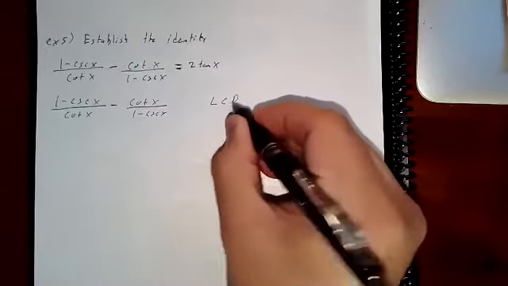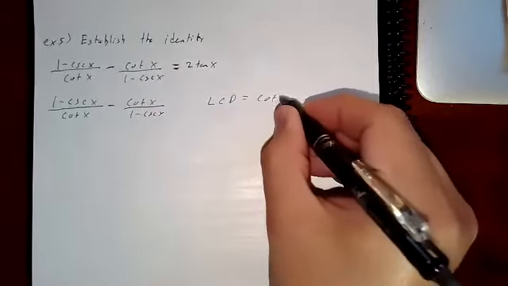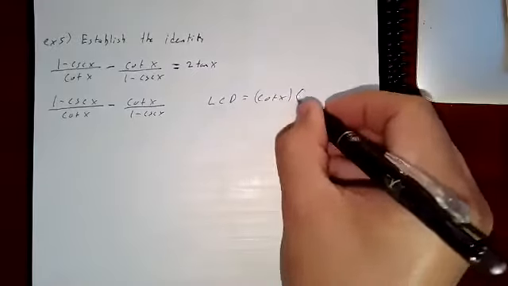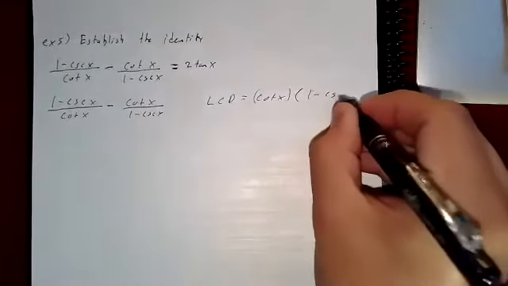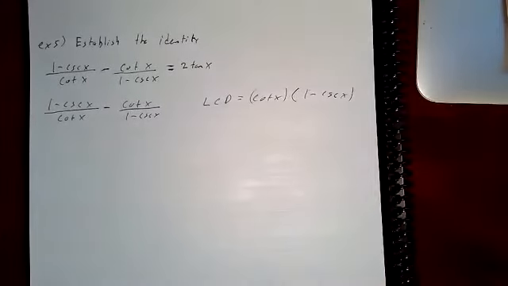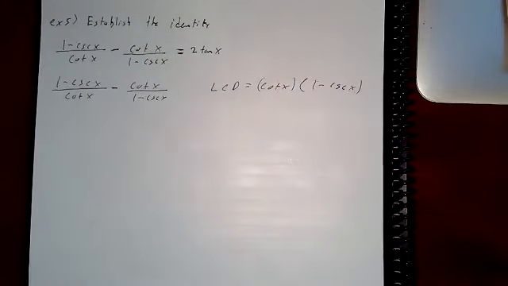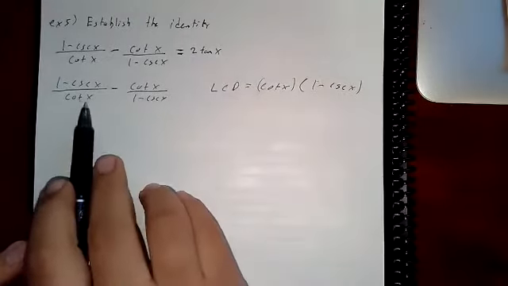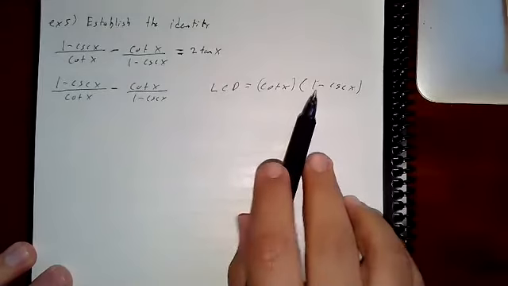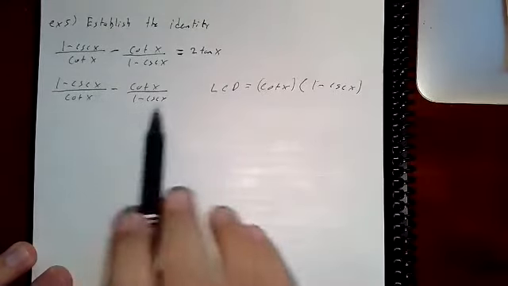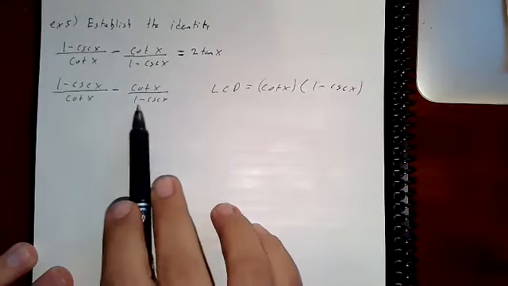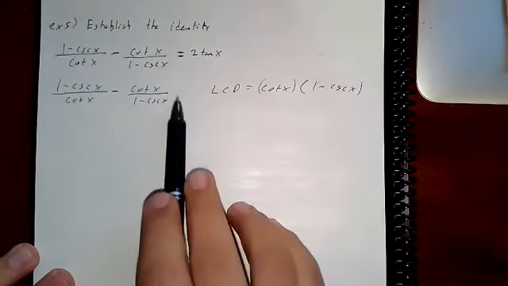So the LCD is going to be cotangent times 1 minus cosecant. I need to introduce these in order to have the fractions. This one has the cotangent but does not have the 1 minus cosecant, so I'm going to introduce it here, top and bottom. This one has 1 minus cosecant, so I'm going to introduce cotangent, top and bottom.